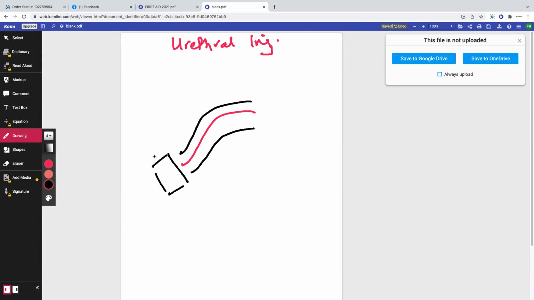And over here, let's say that you have the testis. And over here, the bladder. This is the bladder. This is the testis. This is the red line of the urethra. The black box is the glans. And obviously the urethra is coming from the bladder.